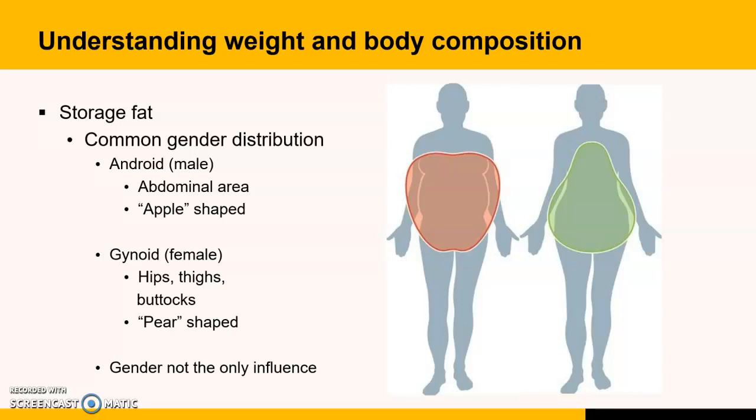However, gender alone cannot explain fat distribution pattern. Females do not always exhibit the typical gynoid pattern. Sebab apa? Because of genetics, because of menopausal status, and also because of obesity, which will result in a tendency to store excess fat in the abdominal area.